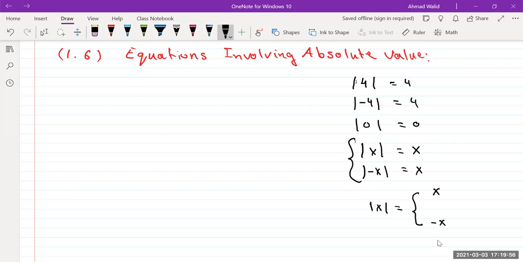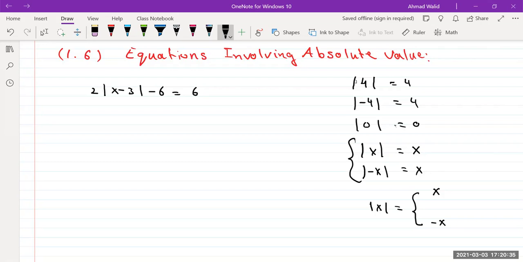Having this idea, it's really easy to solve absolute value equations. For example, if they give me an equation like this, 2 times the absolute value of x minus 3, minus 6 equals, let's say, 6. How to solve this equation, or where to start?